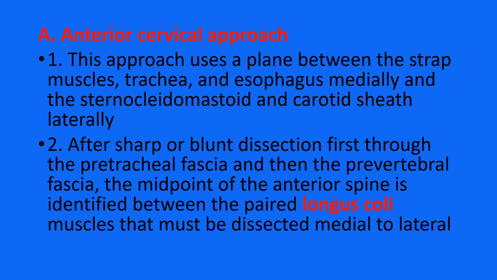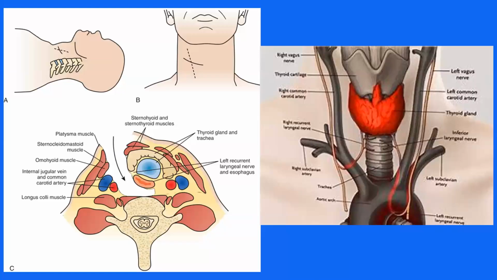Over here on the left-hand side, you can make a longitudinal incision or a transverse incision. You divide the platysma. Then you have the sternocleidomastoid from one side, and you have the neurovascular bundle.